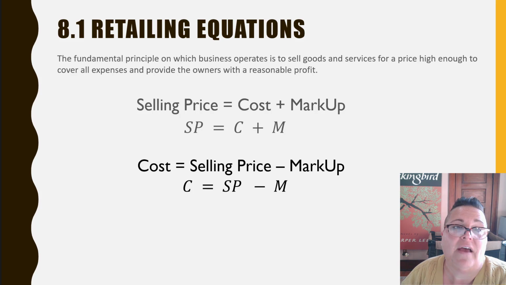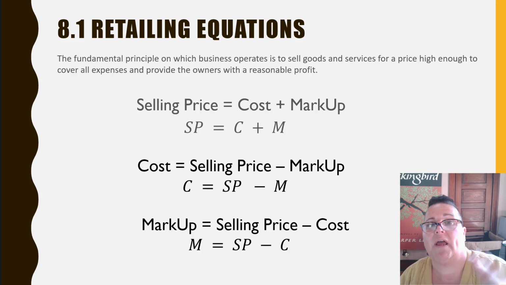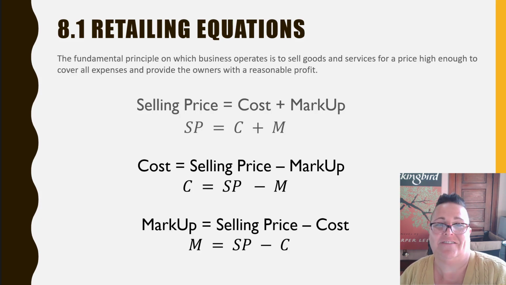Similarly, if I'm looking to find the markup, I would do selling price minus cost. Again, I don't see any need for me to memorize or to know three separate equations when knowing one and a little bit of algebra, which hopefully we've practiced and you understand, is just as helpful.